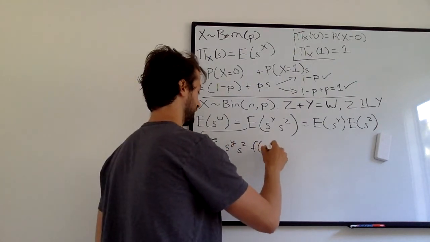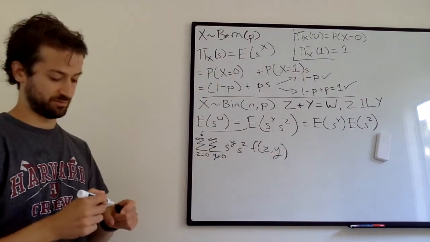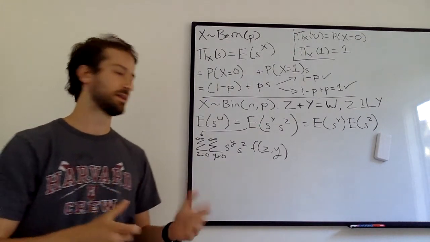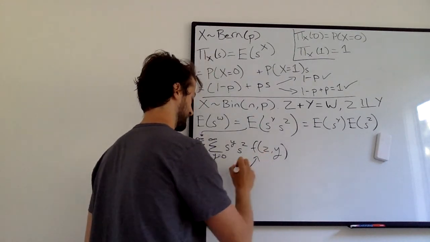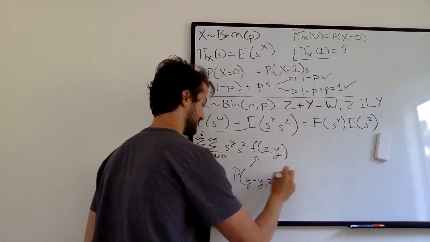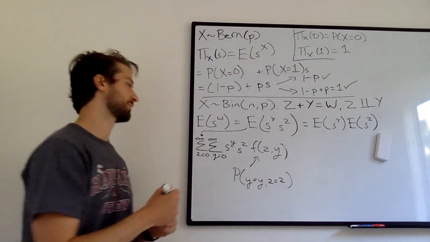So f of z, y, right? And I'm just using f of z, y as shorthand for the joint PMF of z and y. I could write this as p of y equals y, z equals z, right? That's the shorthand.